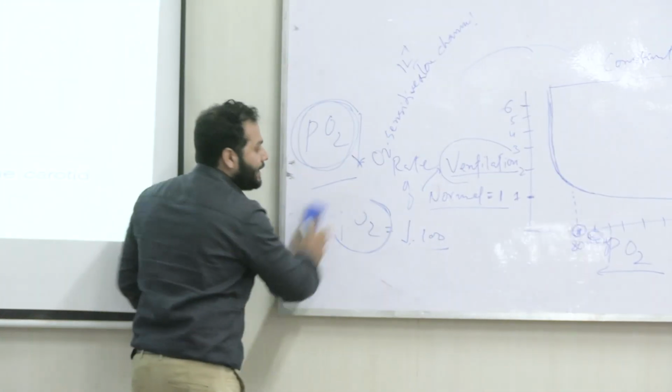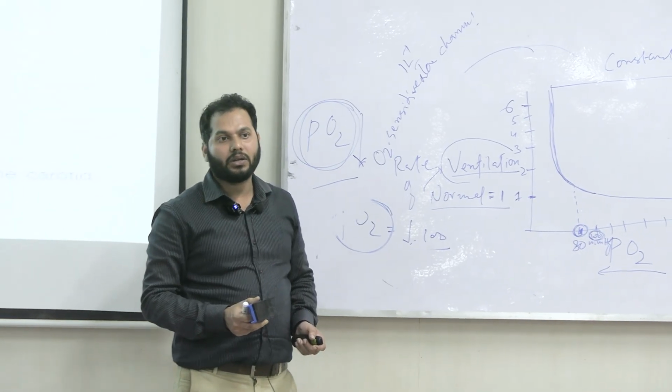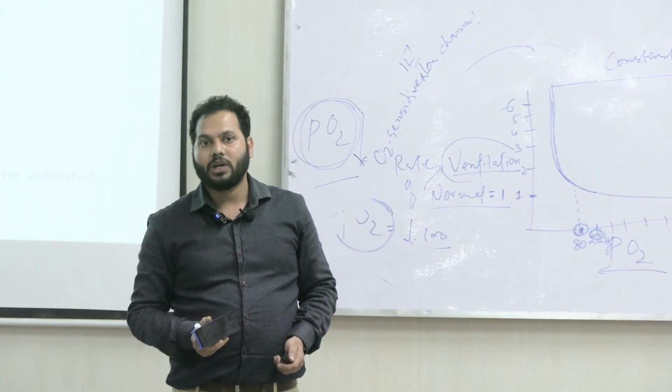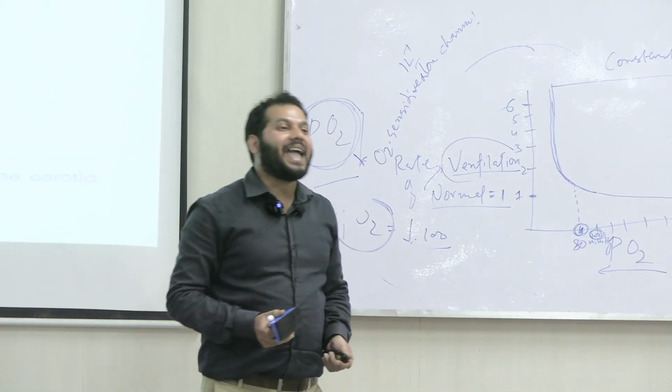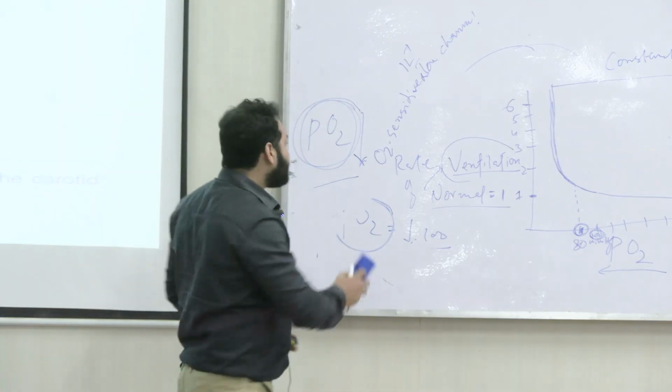How does this H plus ion concentration alter the activity of the central chemoreceptor?